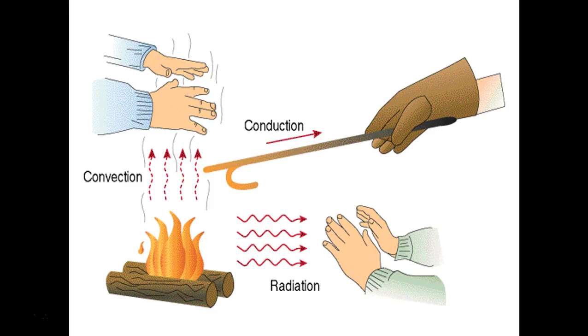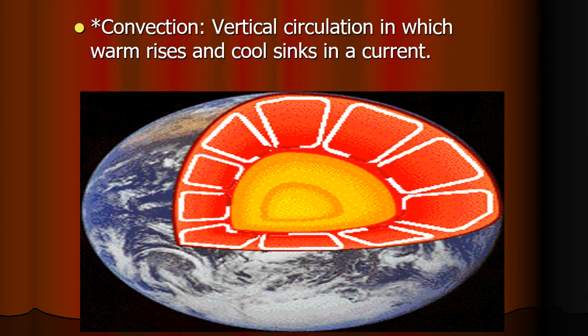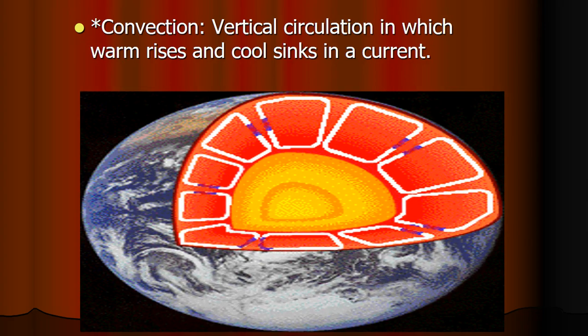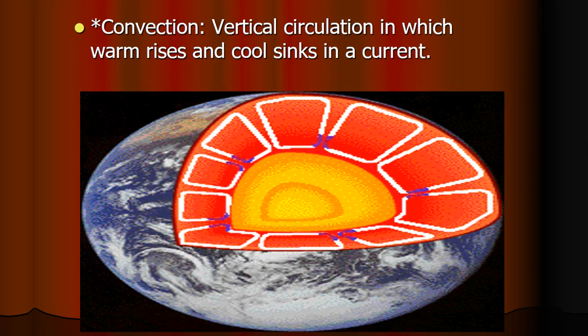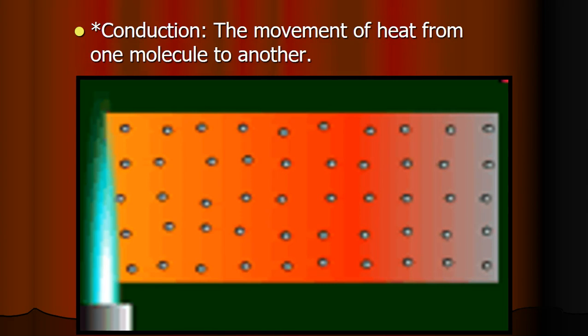So these are the 3 ways that heat can travel. The first way is convection. Convection is a circulation. We talked about convection currents when we were talking about plate tectonics, because that was how magma moved through the earth, through convection currents. The second way is conduction.